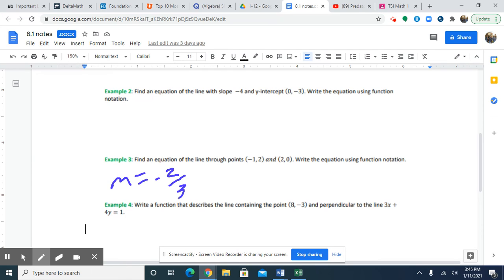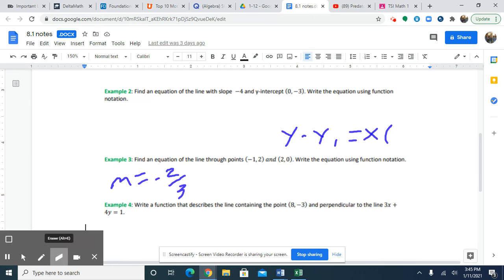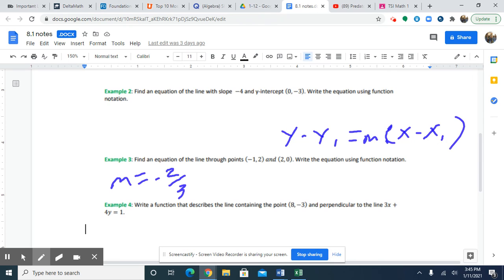Now what we're going to do is plug this into a formula that we call the point-slope formula. y minus y1 is equal to m times x minus x1. So we use this formula whenever we don't have the y-intercept.